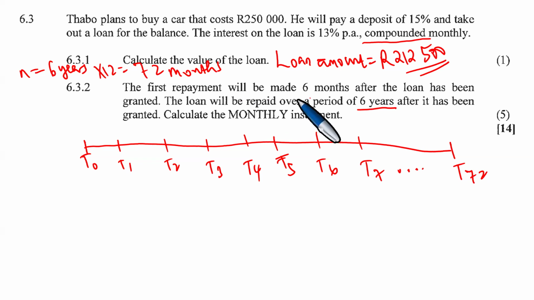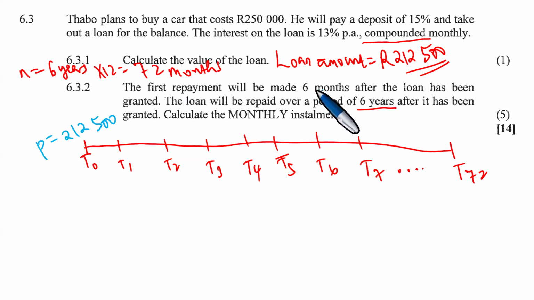But the first payment will be made 6 months after the loan has been granted. The loan was granted here, and we understand that the actual balance on the loan is exactly what? The loan amount is 212,500. That is the loan, the present value. It's there in the beginning.